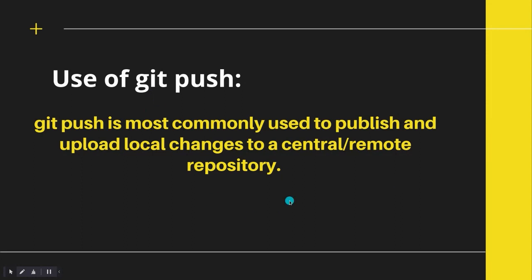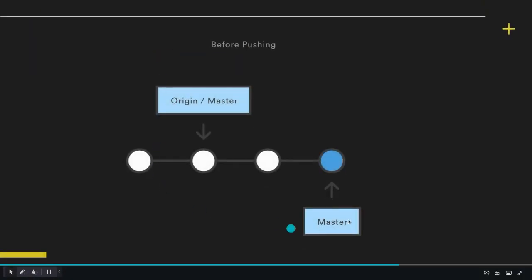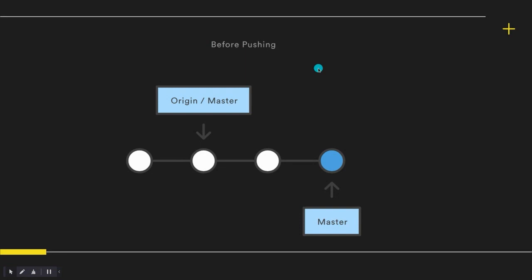Okay, now let's see this diagram. This is the scenario before pushing, where we have made changes locally but haven't used the git push command. These are two branches. This is the master branch of the remote repository. So this is basically the remote repository.